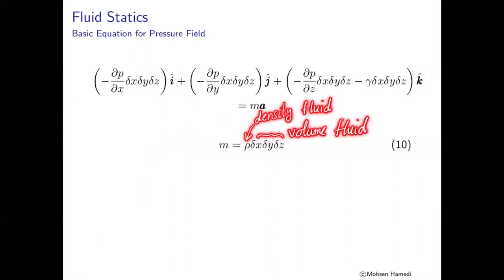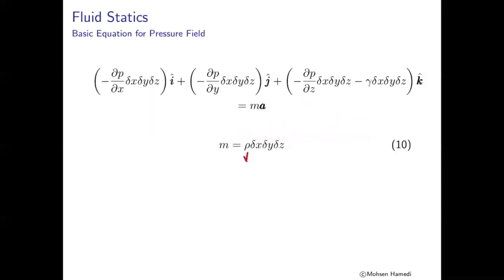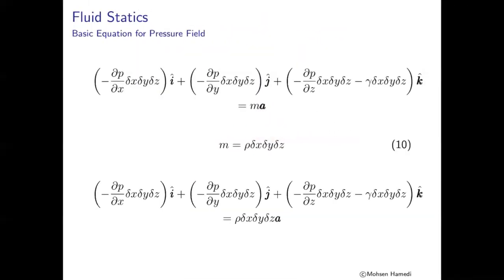And again, here rho has a dimension of kilogram over cubic meter, which is for the fluid. And if we multiply that by the volume of the element, obviously the unit will be kilogram, which is for mass. So if we substitute the value of mass into this equation, we can find this equation for Newton's second law.